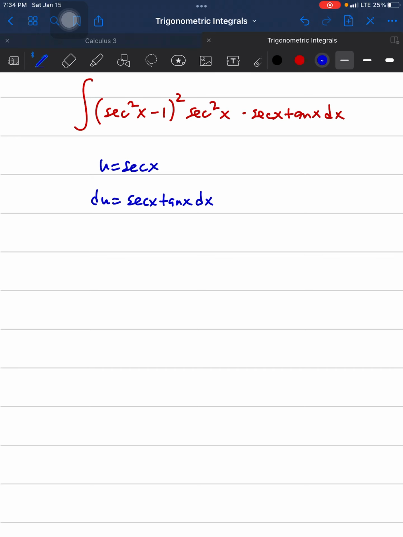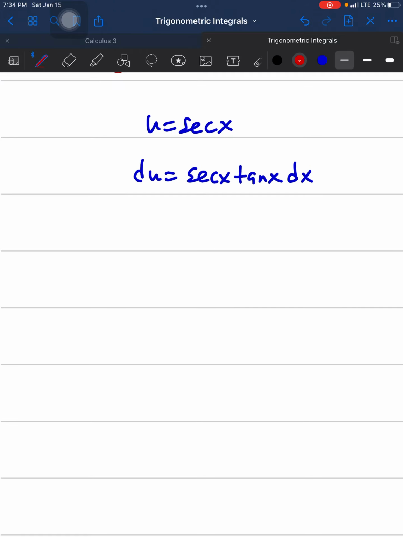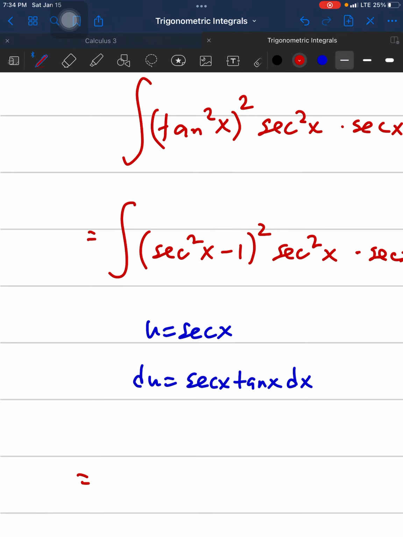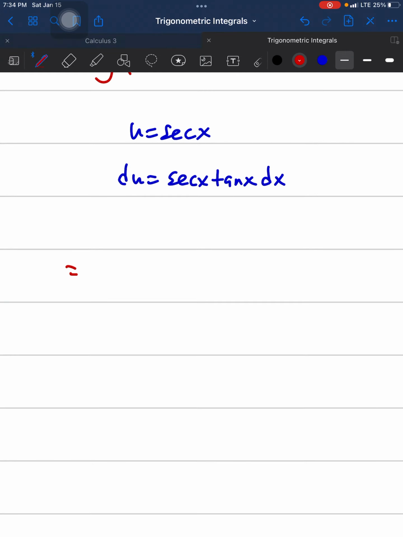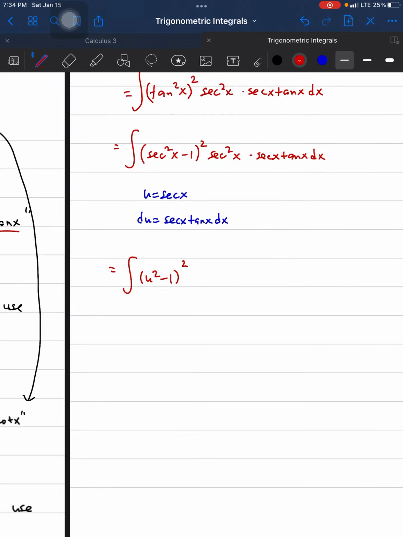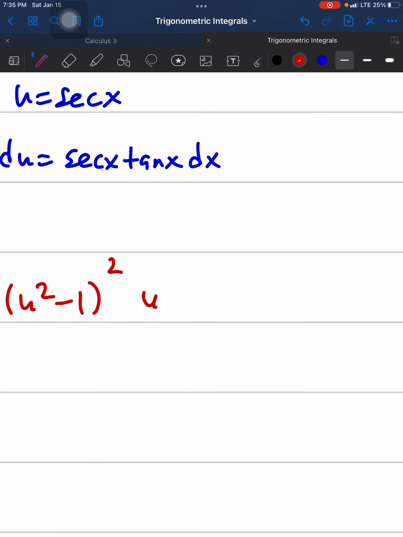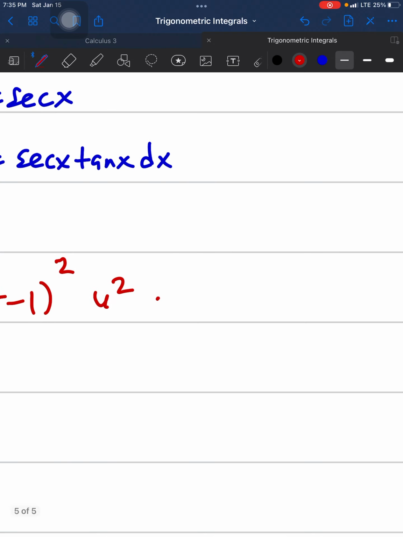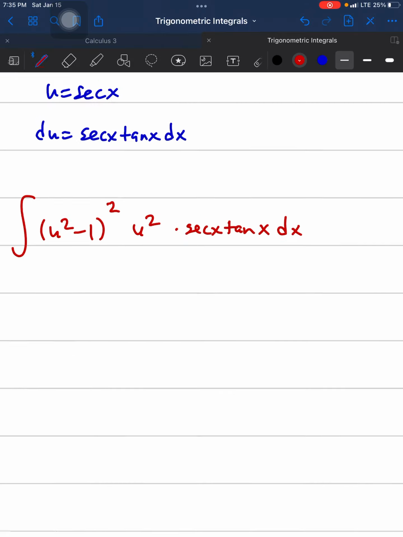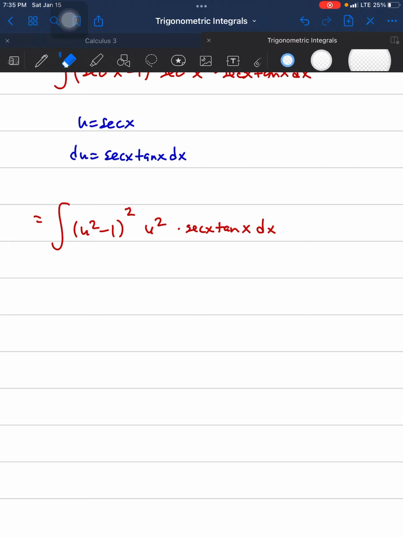Let's change everything into variables of u. Once we do that, we get the integral of u squared minus 1, squared, times u squared, and then we just keep the secant x tan x dx the same way it is.